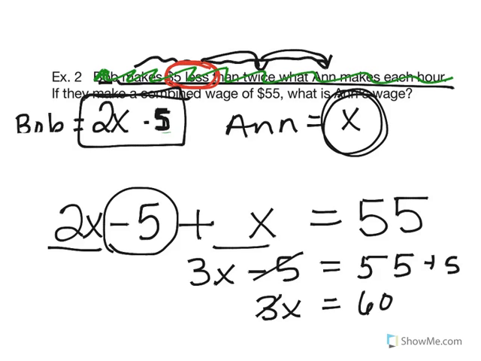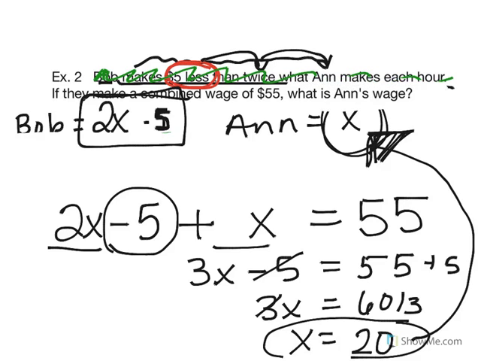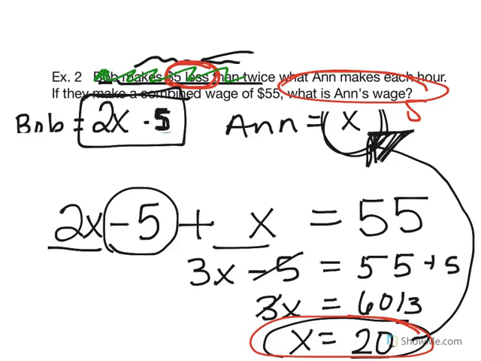We can divide by that 3. And we get x is 20. Now what did x stand for? Well, when we started the problem, we said x stood for Ann's wage. Now looking at the problem, we see that the problem asked us, what is Ann's wage? We have our answer. Ann's wage is $20 per hour.